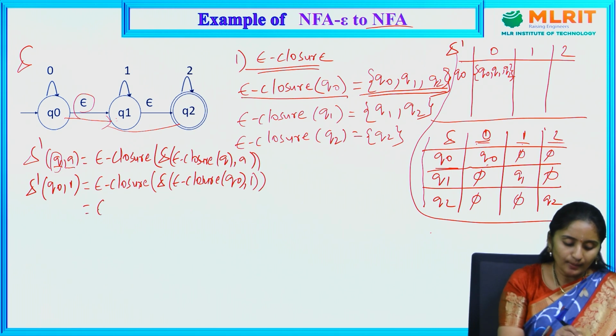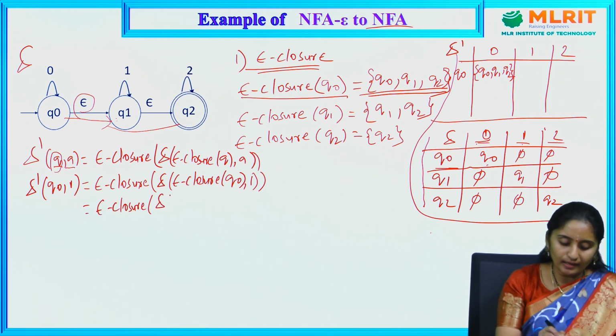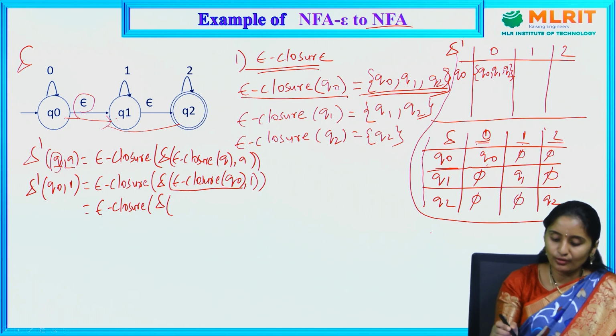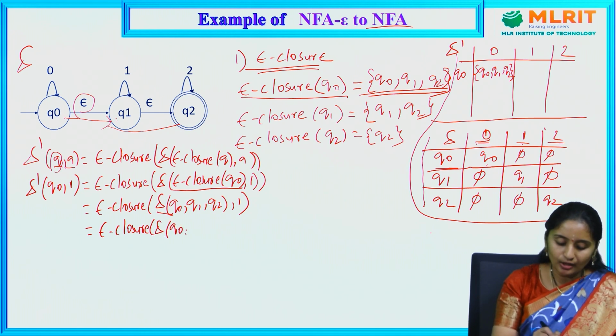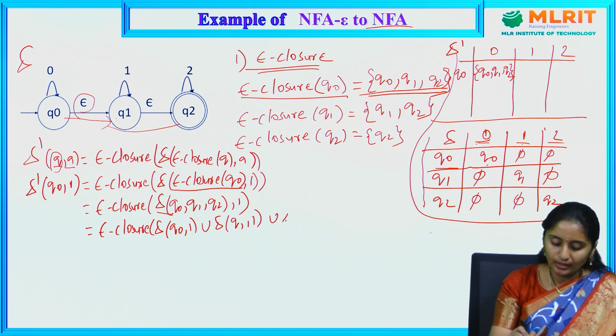So next, epsilon closure of delta of, what is epsilon closure of Q0? Q0 comma Q1 comma Q2 comma 1. So next, epsilon closure of delta of Q0 comma 1 union delta of Q1 comma 1 union delta of Q2 comma 1.